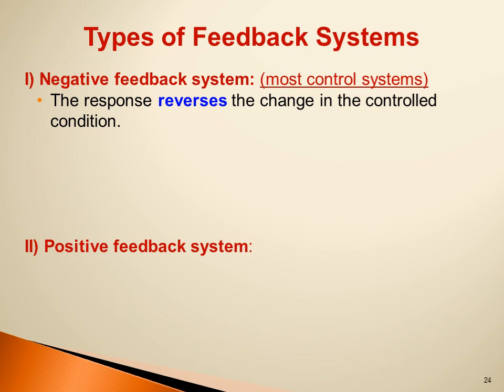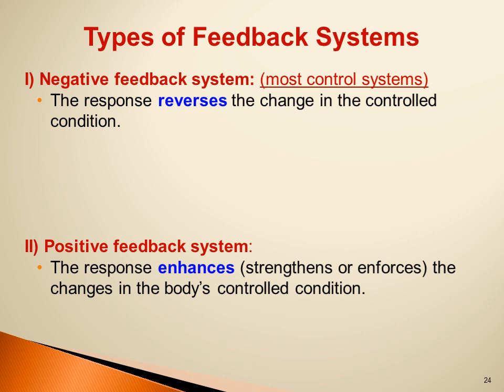In the positive feedback system, the response enhances, strengthens, or reinforces the changes in the body's controlled condition. Or in other words, the response is in the same direction as the stimulus. For example, if the stimulus is aggregation or adhesion of the platelets, the response is more aggregation or more adhesion of platelets, like what happens when our body tries to stop bleeding from an injured blood vessel.